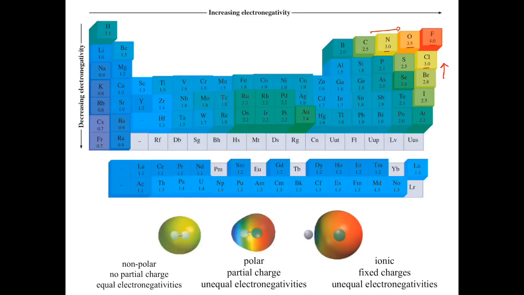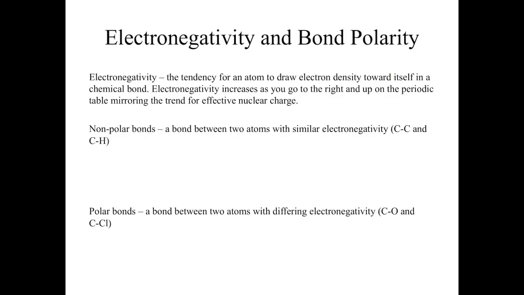Fluorine has the highest electronegativity, and then it goes down as you go to the left to boron. So there's almost a value of 2 difference between fluorine and boron just going across that row. Similarly, the same thing happens as you go down. Fluorine really wants to draw electrons toward it, whereas something like carbon is a little bit more neutral towards wanting to draw electrons toward it.